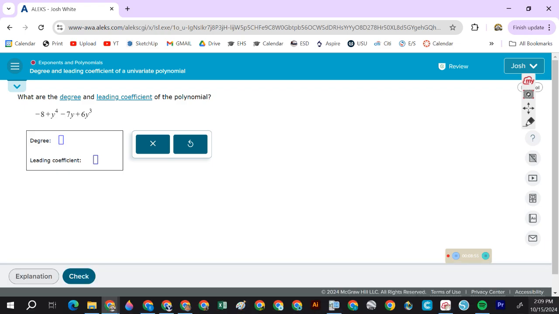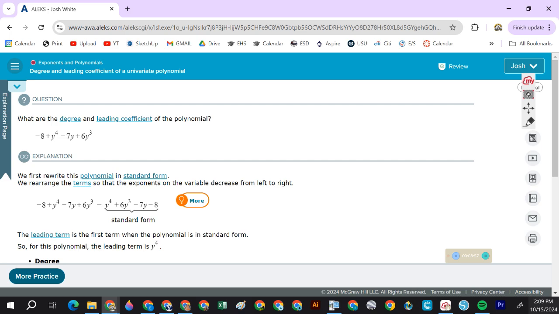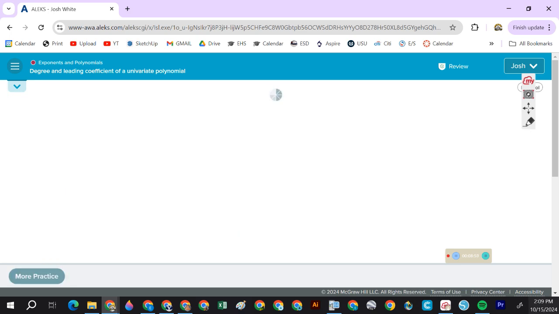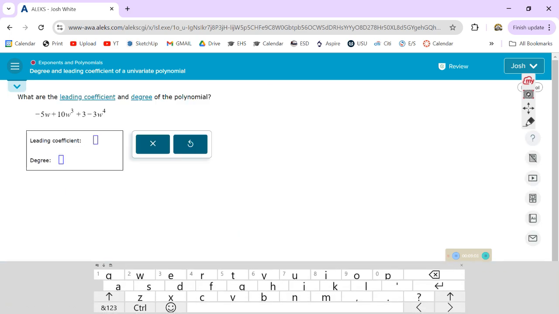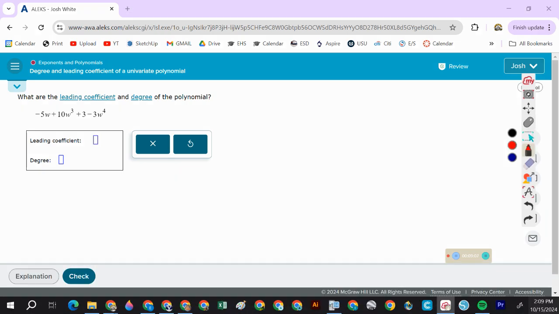Okay, let's look at another example. Degree, 4. Leading coefficient, -3. So what is the basic shape of this going to be? It's going to be an M, right?